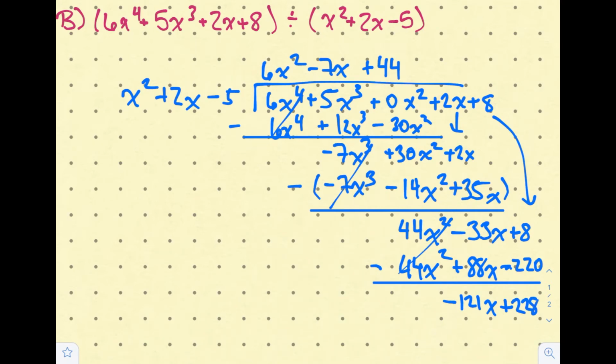Since we're at a point where our dividend has a lower degree than our divisor, we are done. Our answer: 6x squared minus 7x plus 44, with a remainder of negative 121x plus 228.